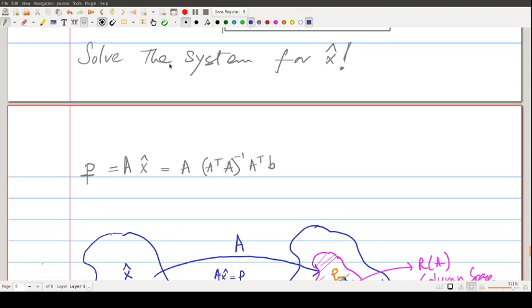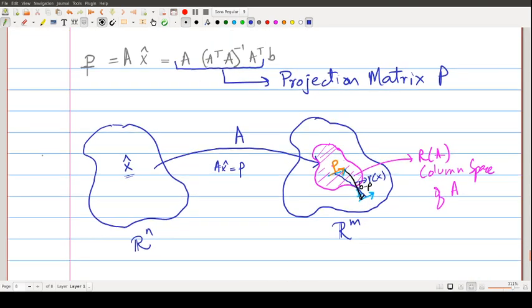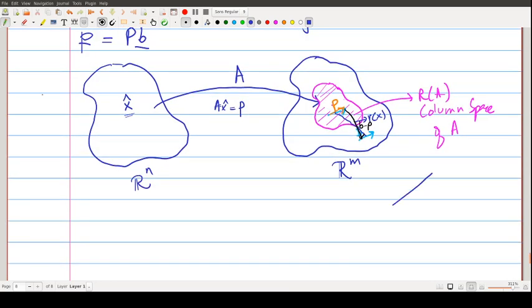Just as a notational thing, this is called the projection matrix P, because if you combine these two equations, the left hand side and the right hand side, I can say that P is equal to the projection matrix times B. That is, if I take this vector B and multiply it by the capital P, I get this vector.